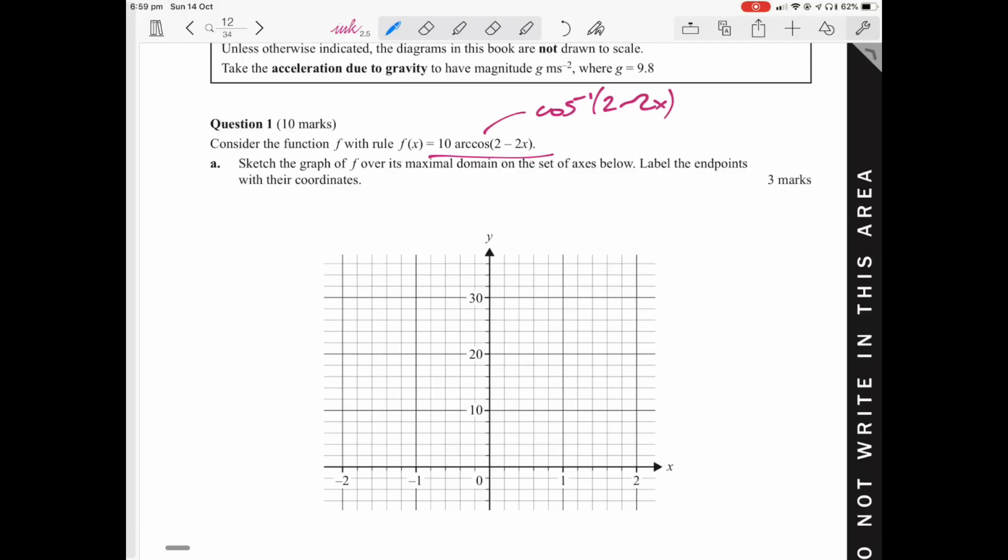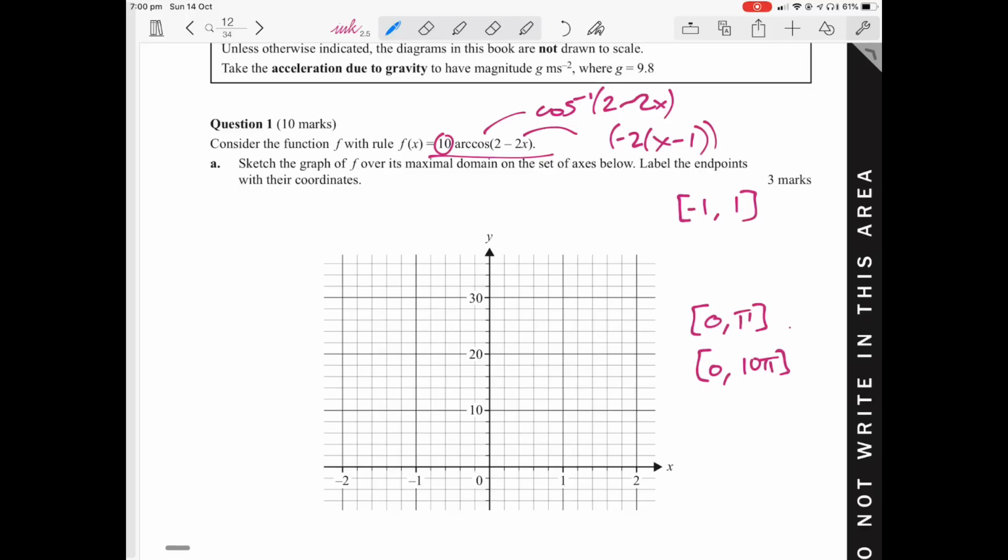Usually what I do is I put down my domain, which is -1 to 1 for cos inverse, and my range, which is 0 to pi. And then I work out what transformations have occurred. It's been dilated by 10, so it's going to go between 0 and 10 pi. It has been translated, we can say that that is negative 2x minus 1.